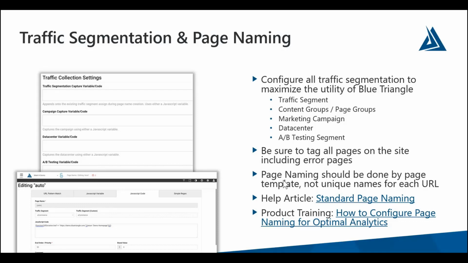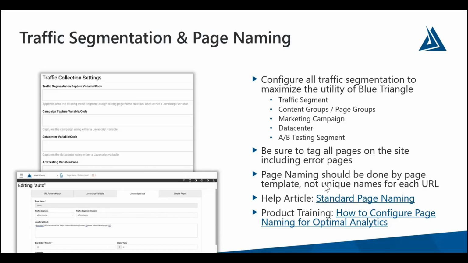As far as page naming goes, there's a lot that goes into page naming, and I'm just going to gloss over it here. But one thing that you definitely should not do is do page naming such that it's unique for each URL. This is not optimal for analytics. It just makes so many different page names that it's difficult to really provide good analysis on general page names.